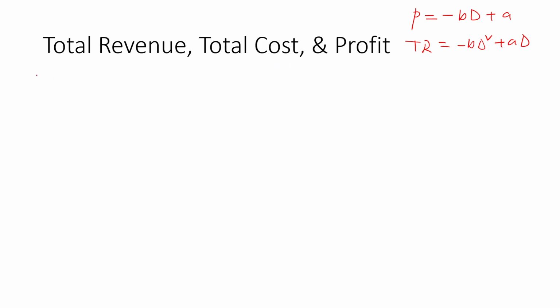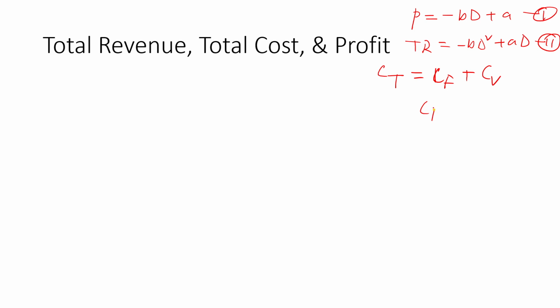Now the total cost is simply, so this was, say, equation 1. This was probably different from the earlier video, but it'll be fine. So the total cost is simply the fixed cost plus the variable cost.